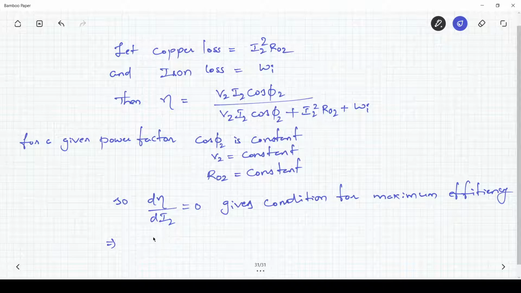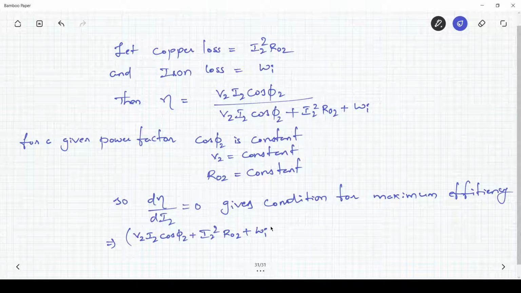Here v, the denominator, is V2 I2 cos phi 2 plus I2 square R02 plus iron losses.